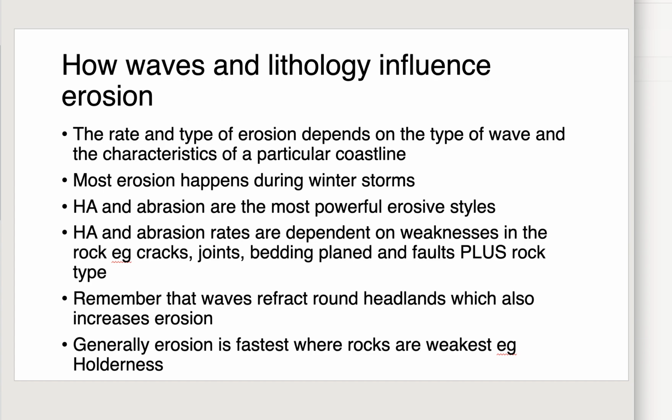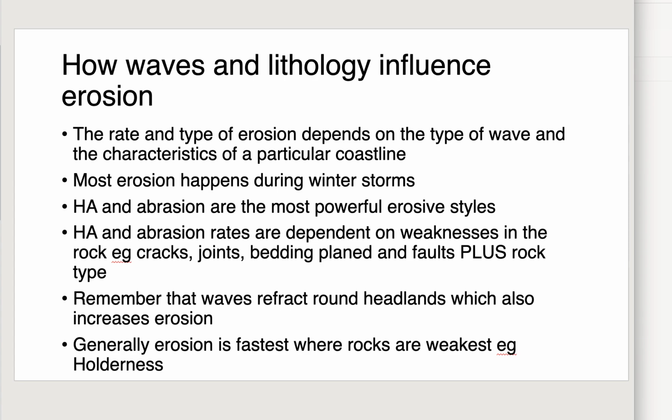And most erosion happens during winter storms, so most of the erosion that happens on the coastlines happens in the winter when fetch is bigger, fetch isn't bigger, fetch is the same, but the wind is stronger, so the waves are stronger. Plus also you have storms, which increase the effect of those waves.